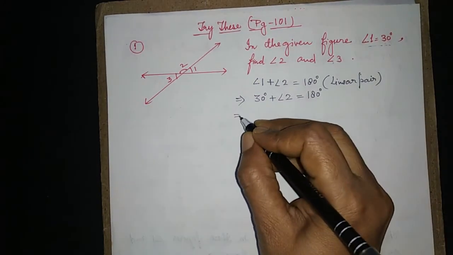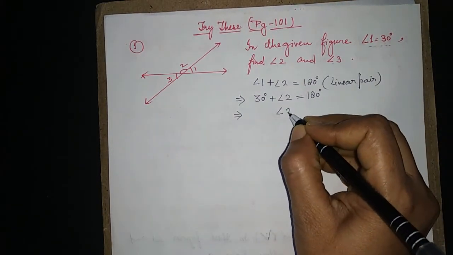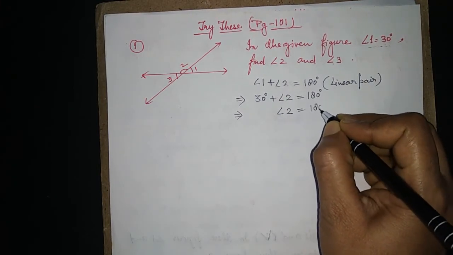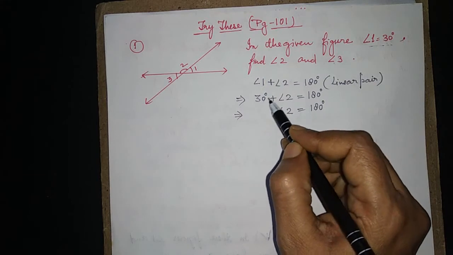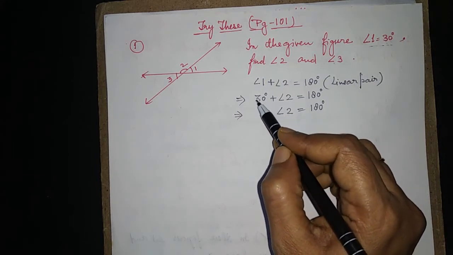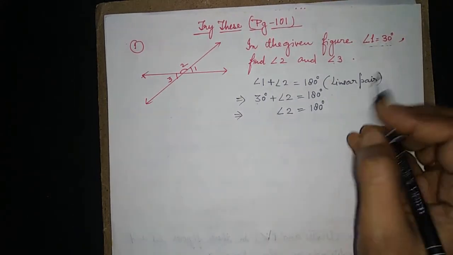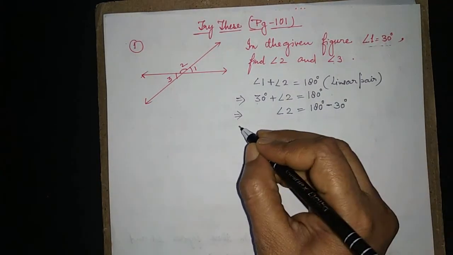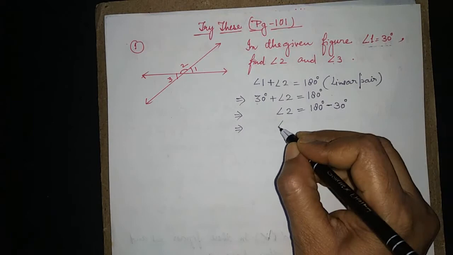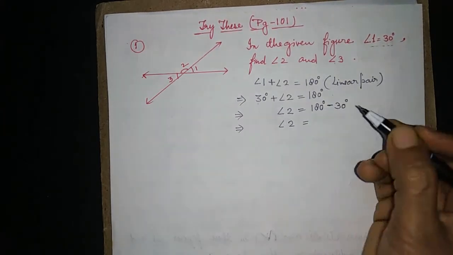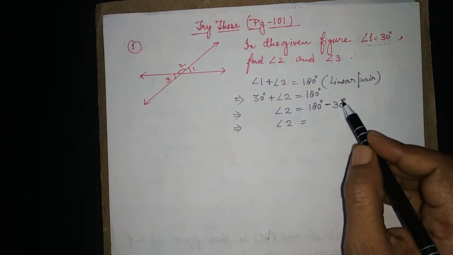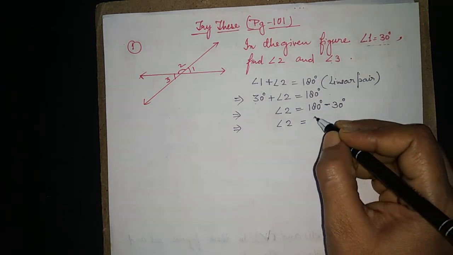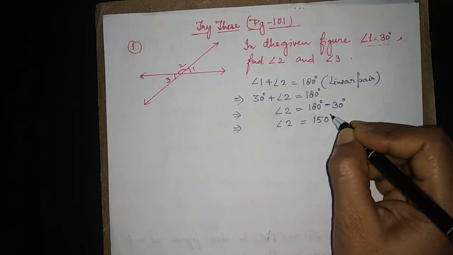In the next step, angle 2 we will write, and here 180 degrees, and 30 degrees we will transpose from the left hand side to the right hand side. So here minus 30 degrees we will get, and angle 2 is equal to, when we subtract 30 degrees from 180 degrees, we will get here 150 degrees.